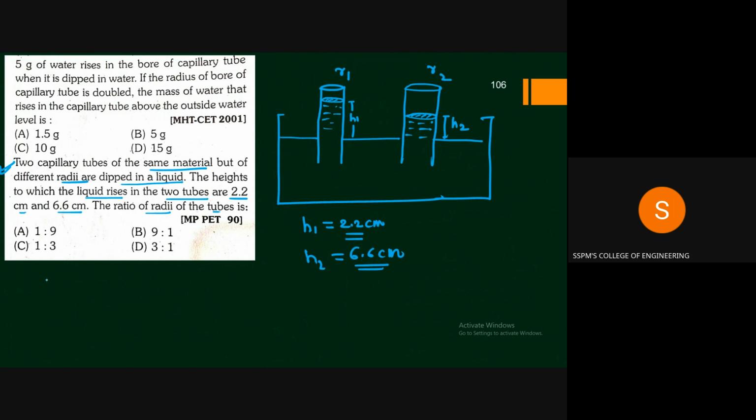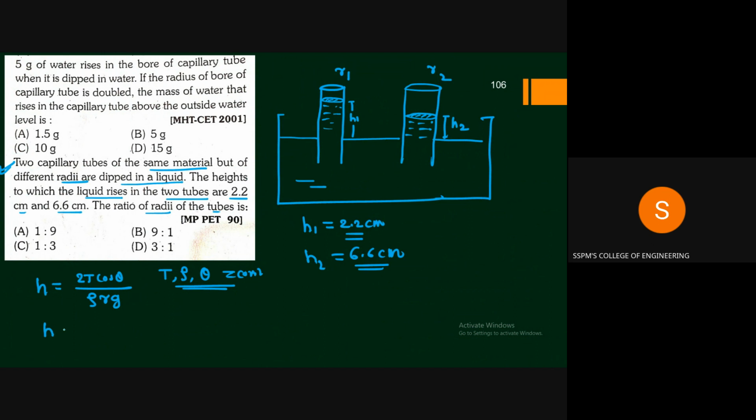So we should know the relation for h. This is equal to 2T cos theta upon rho r g. If everything is constant for both the glass tubes, both have the same material and the same liquid, so the tension T, density rho, and cos theta will remain the same.